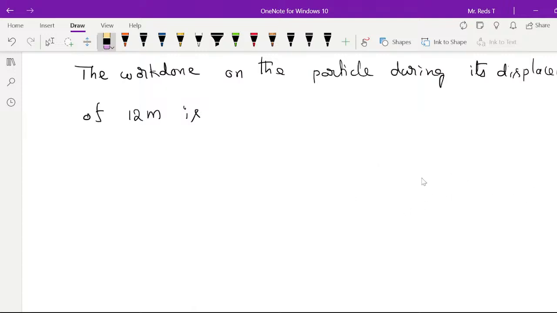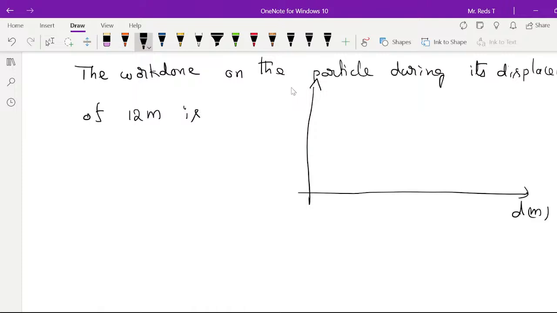This is distance d in meter on x-axis. On y-axis I have taken force F in Newton. So here it is taken as 0, 1, 2.